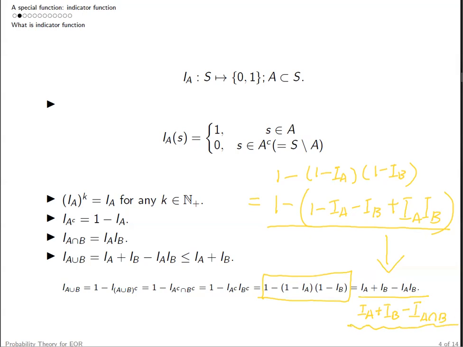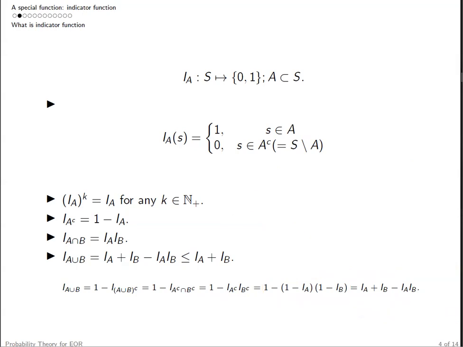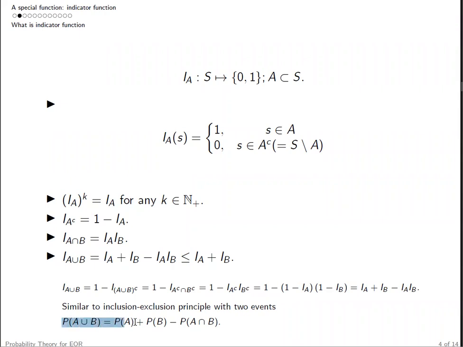Now, if we look at this formula, we must have seen something similar in previous studies. And indeed, we have, which is the inclusion-exclusion principle with two random events. If we compare the structure, we're going to see they have exactly the same structure.